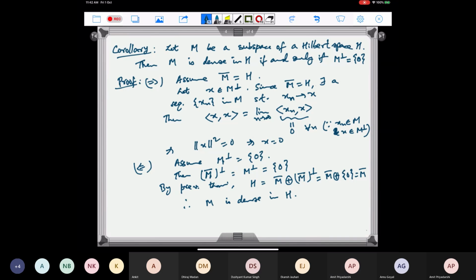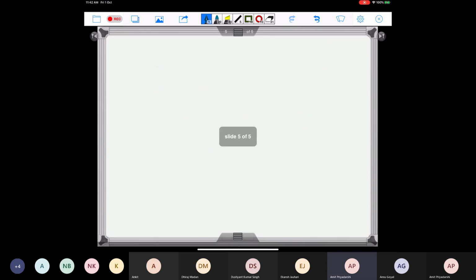Okay, so now let's define a linear functional. We will look at the dual space of a Hilbert space.